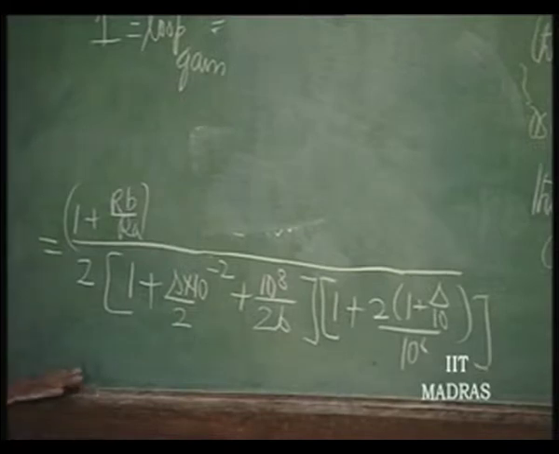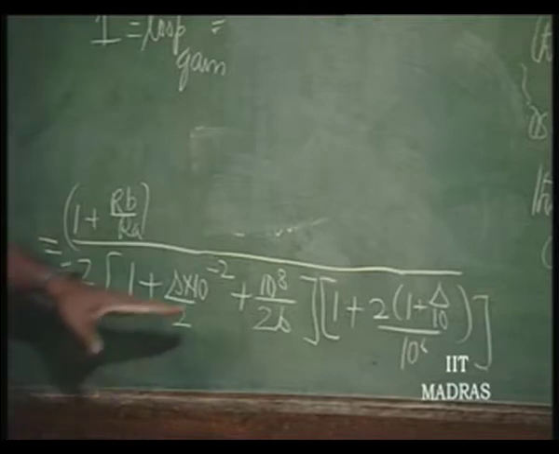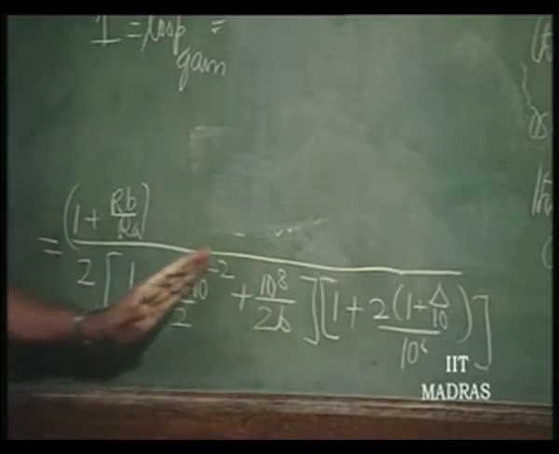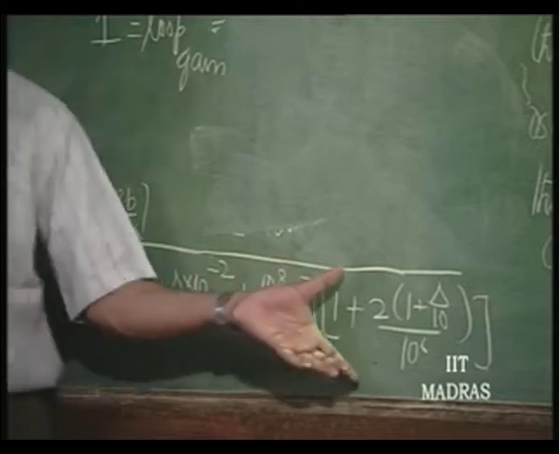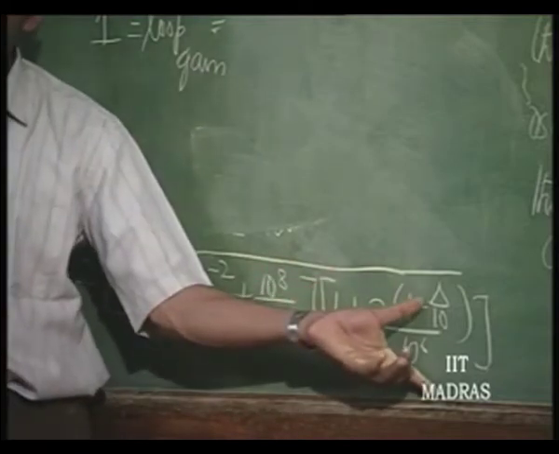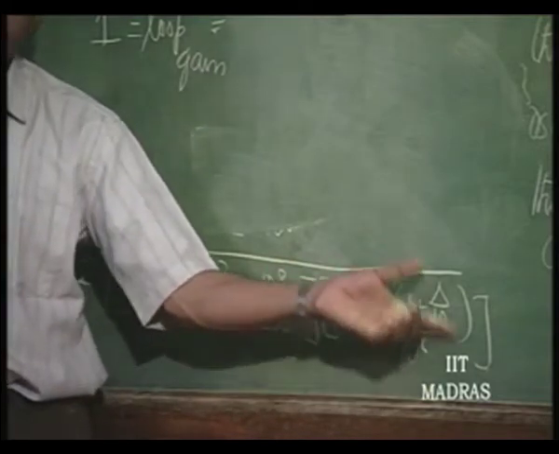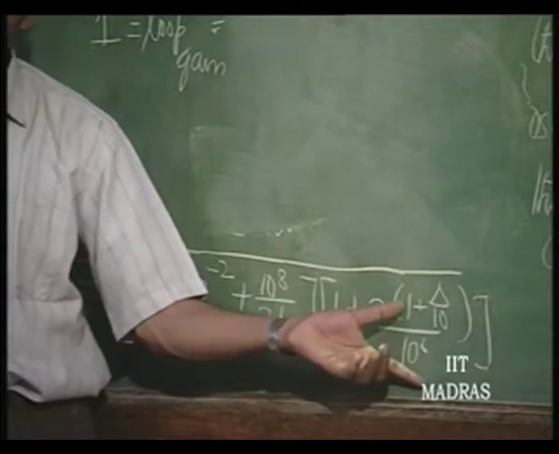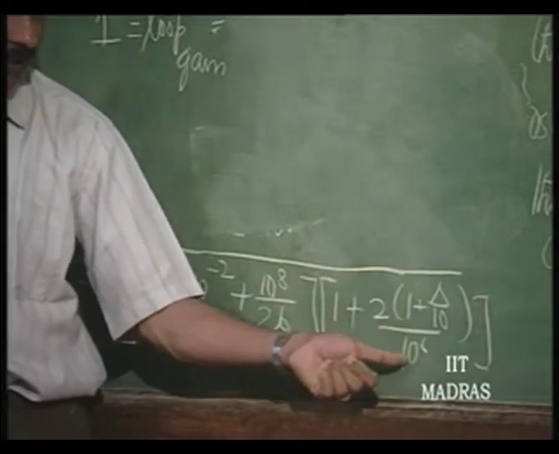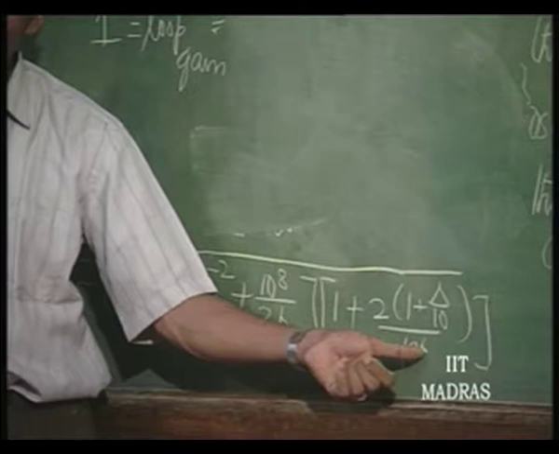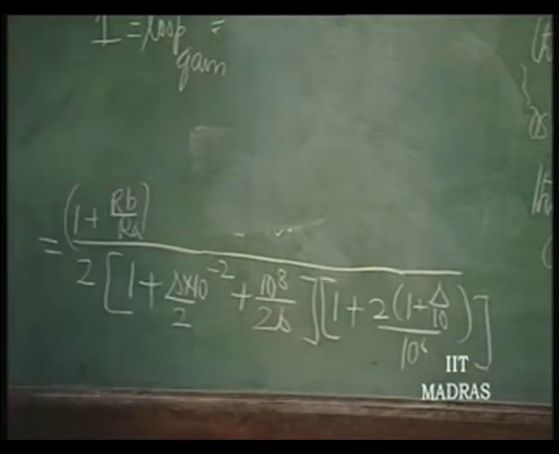So, now you can see that the phase shift is governed by this factor here. This is the active parameter phase shift. This is contributing to active parameter phase shift, and that is going to be very little because there is a 10 to the power 6 factor coming here. And therefore, we can evaluate this.